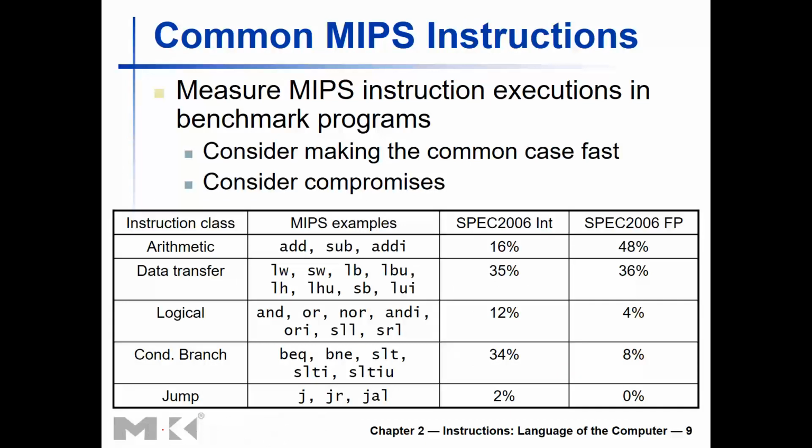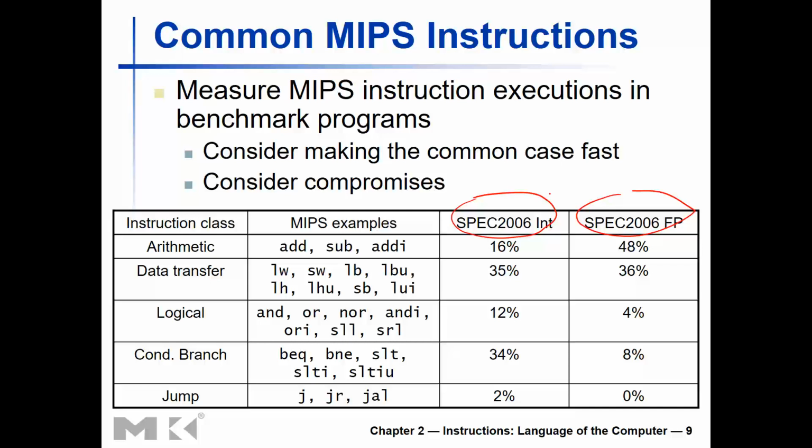Okay, MIPS instructions. We talked about SPEC in the previous lecture. We said that these are a collection of programs which are used to measure the performance of the CPU.